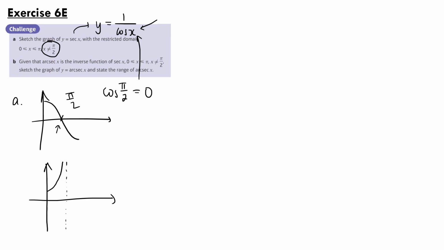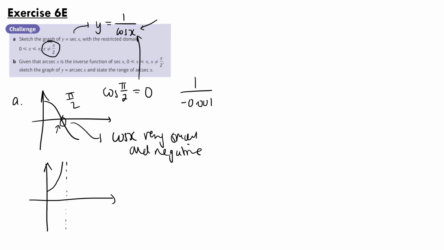So around here, where the values of cos of x are very small and negative, if we have 1 over something less than 1 that's very small and negative, so for example minus 0.001, now will give us -1000. So we can see that we're going to approach the asymptote like this.